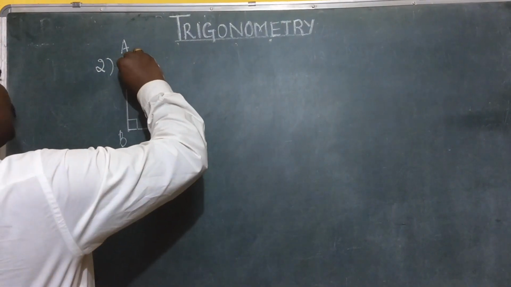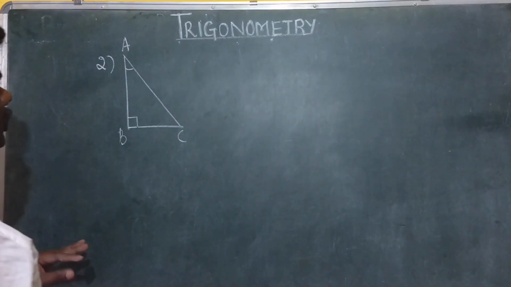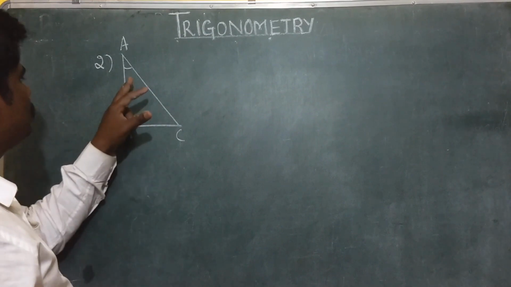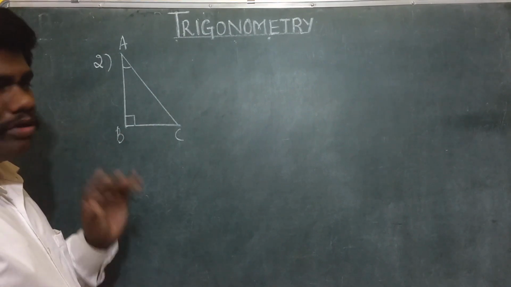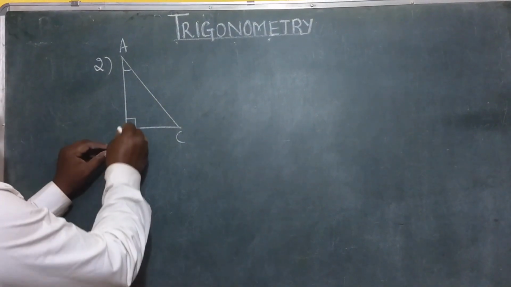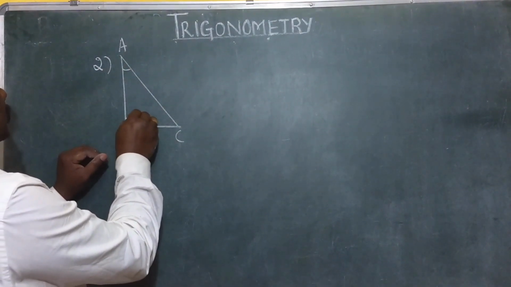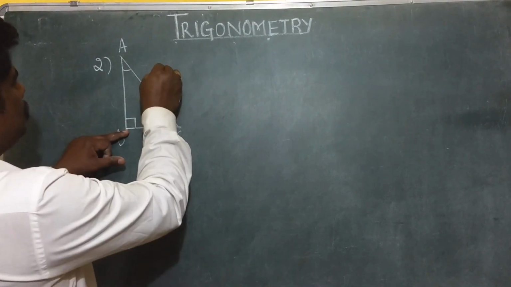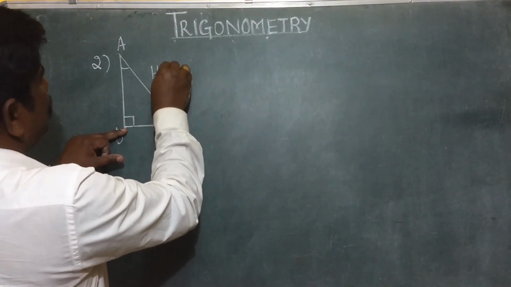Suppose I want to write all the 6 trigonometric functions in terms of angle A. First let us name the sides of this triangle. The side which is opposite to 90 degrees is always called the hypotenuse.